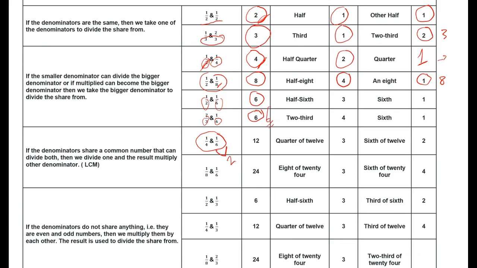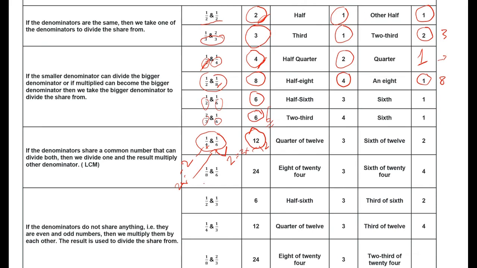So 6 divided by 2 equals 3. 3 times 4 equals 12. Or you can say 4 divided by 2 equals 2, and 2 times 6 will be 12 also. So the asl al-mas'ala, the total share, will be from 12.